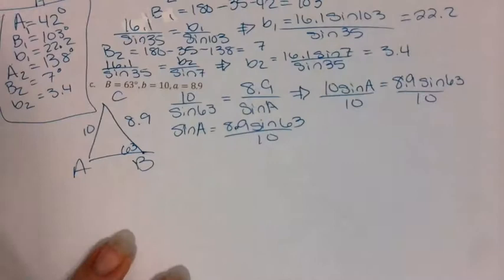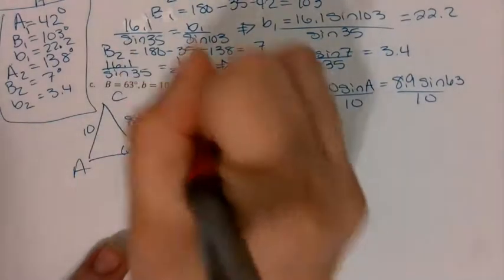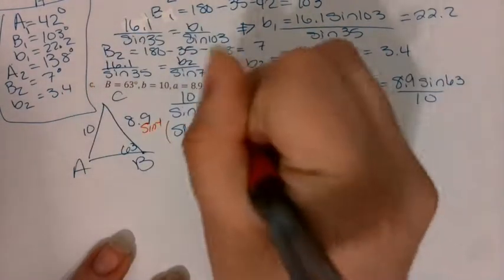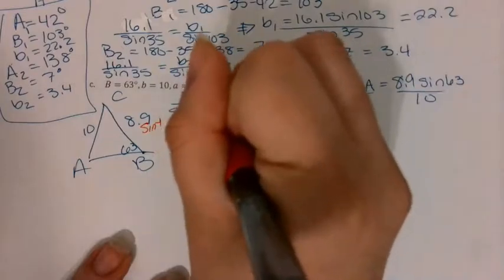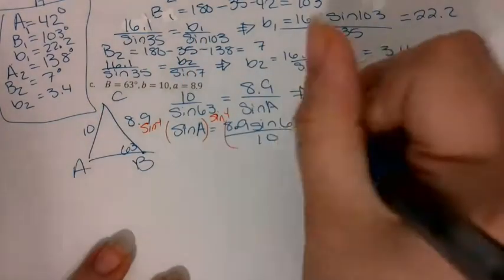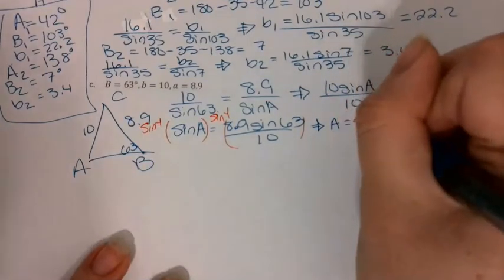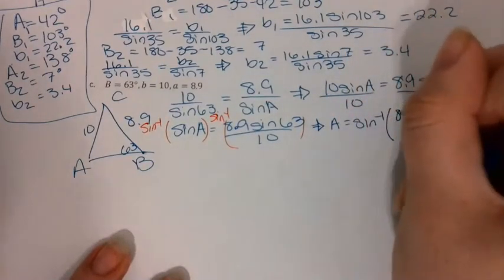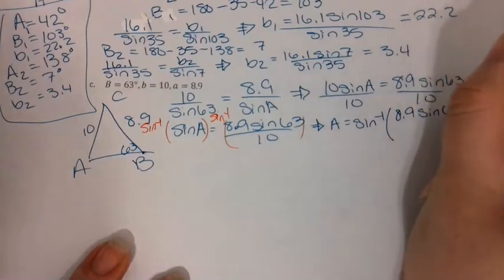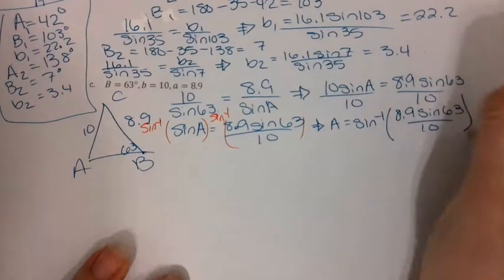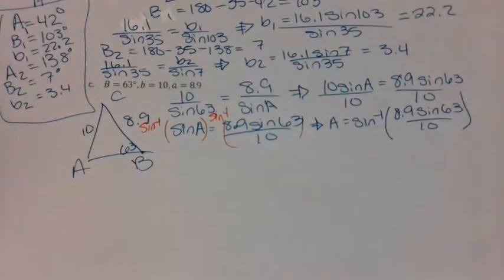And then I need to multiply by my sine inverse to get A alone. Okay, then I want to go ahead and type this into the calculator.